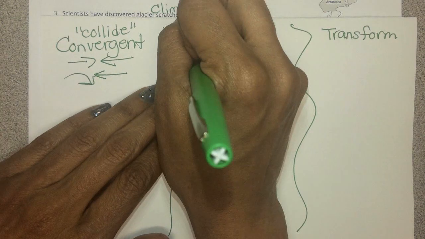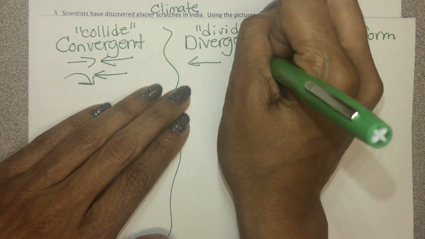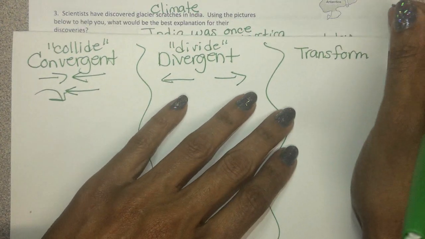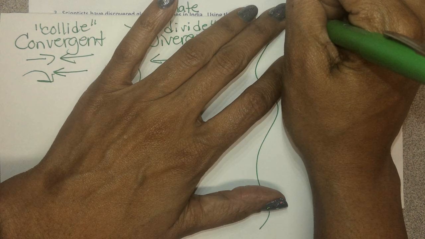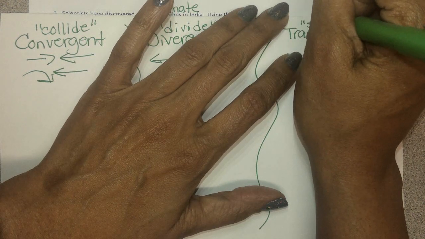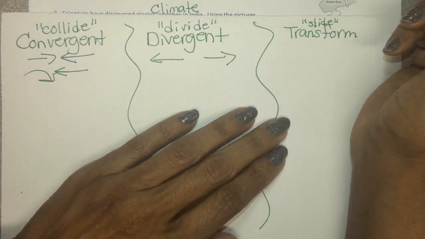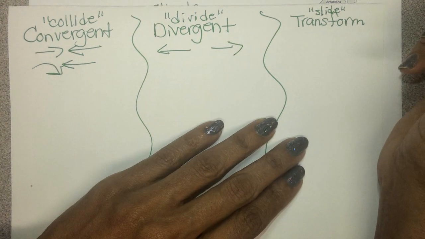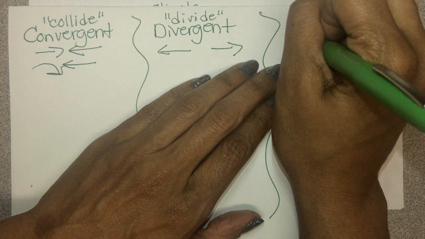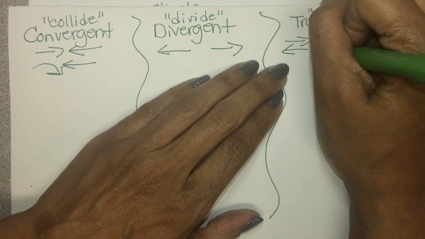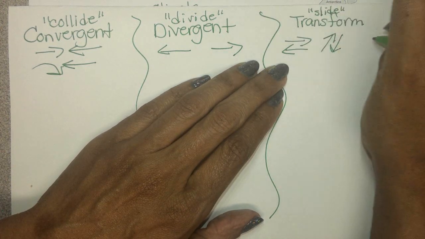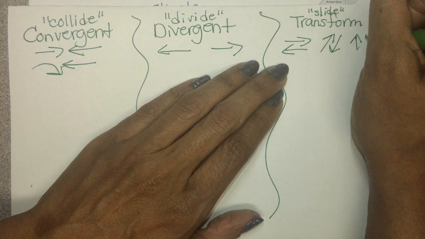So that's where plates are pulling away from each other. And then your transform boundary, they slide. So they slide past each other. So you might see arrows like this, arrows like this, or arrows like this.